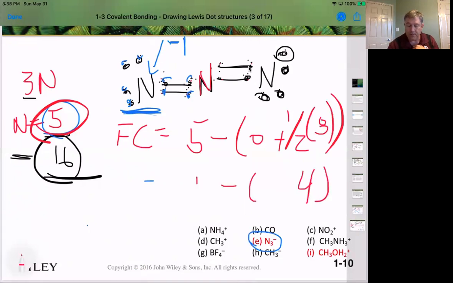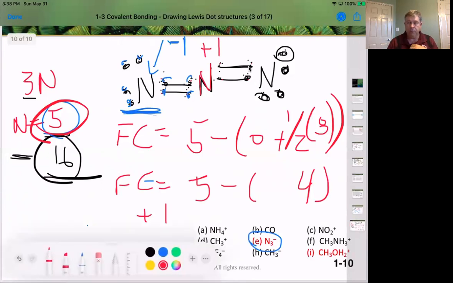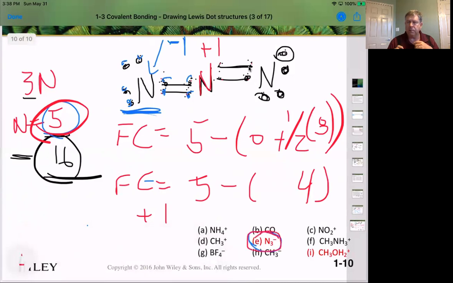So 4 minus 5 gives us a formal charge of plus 1. The formal charge on this nitrogen is plus 1.